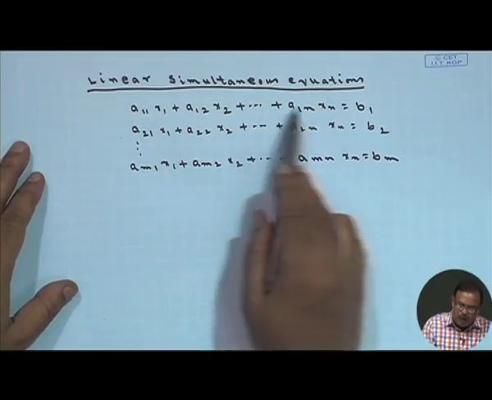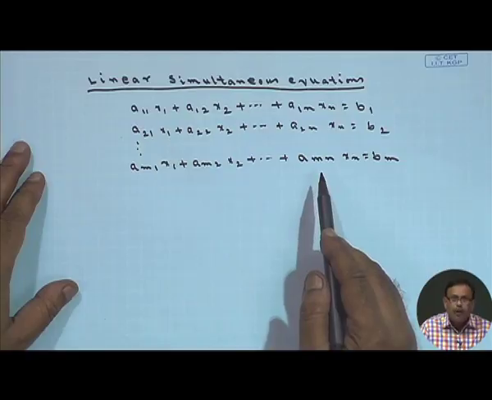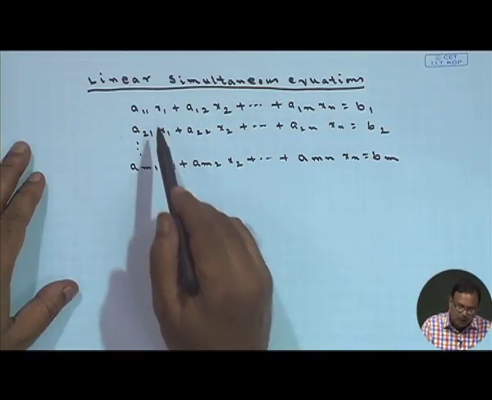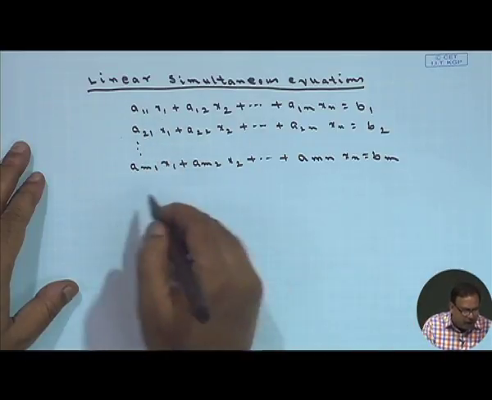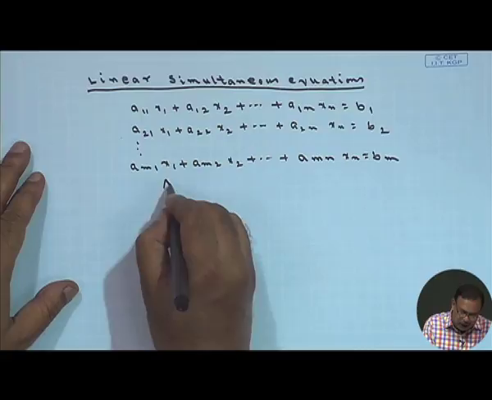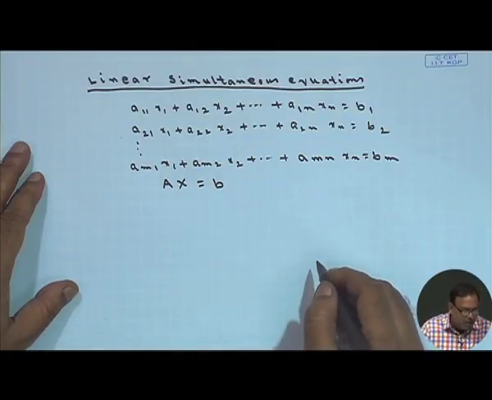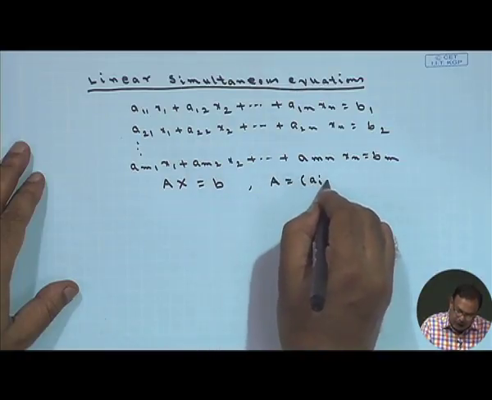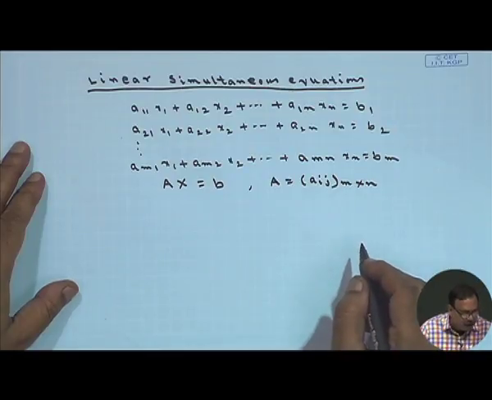That means you are having n variables x1, x2 up to xn and m equations here. In matrix notation, I can write it in the form Ax equals B, where A is the matrix of entries aij, this is an m cross n matrix.